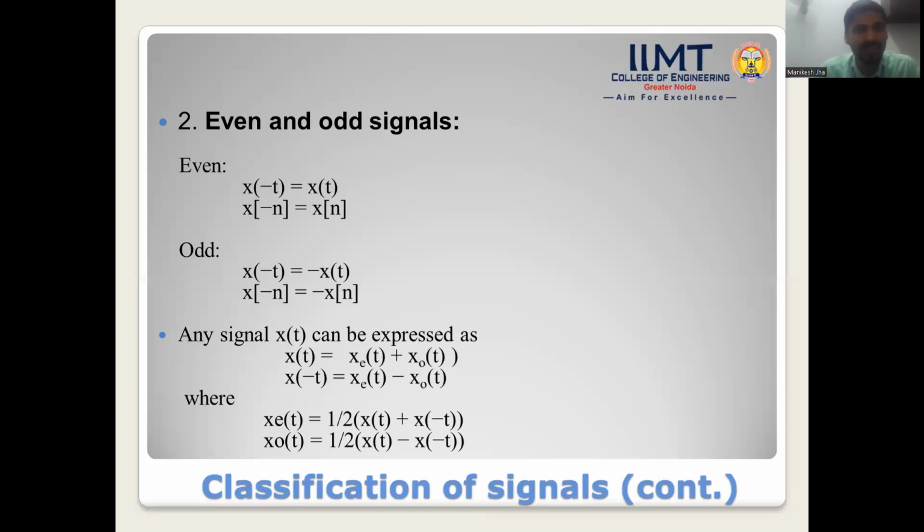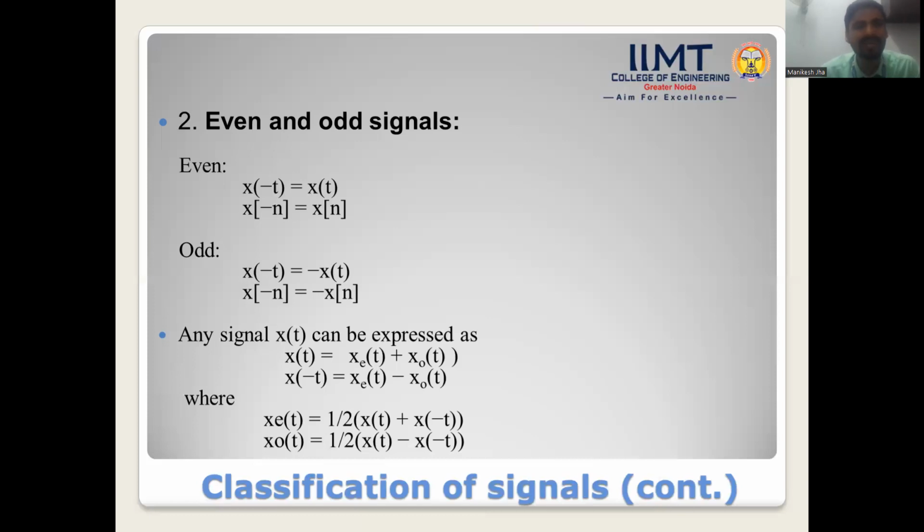Similarly, x of minus t equals the even part of x of t minus the odd part of x of t. The even part of x of t is 1 by 2 into x of t plus x of minus t. Similarly, the odd part of x of t is given as 1 by 2 into x of t minus x of minus t.